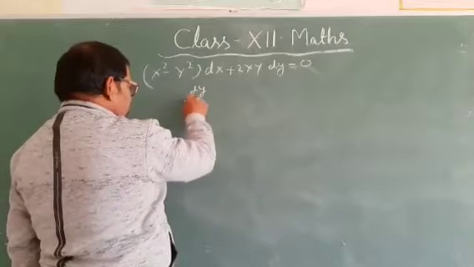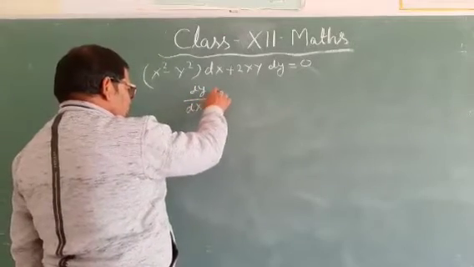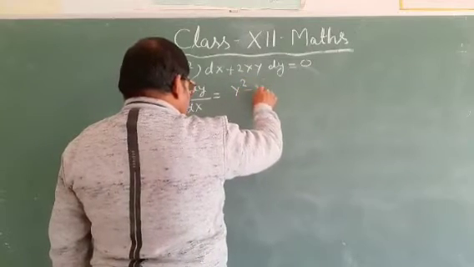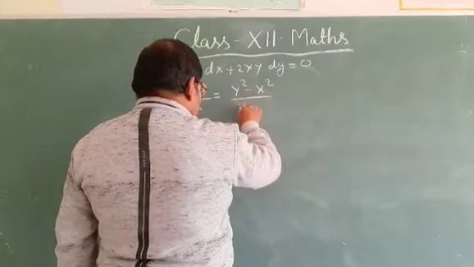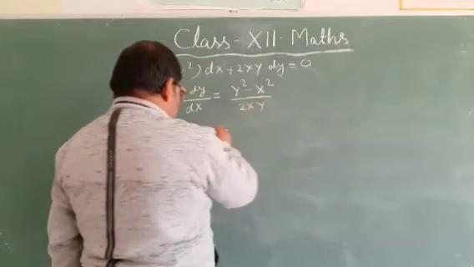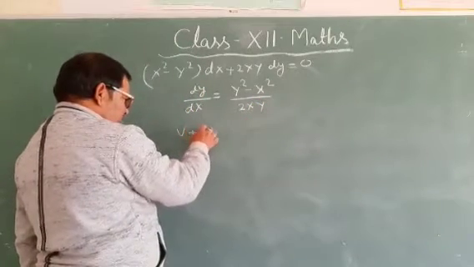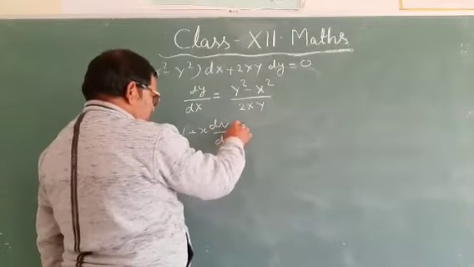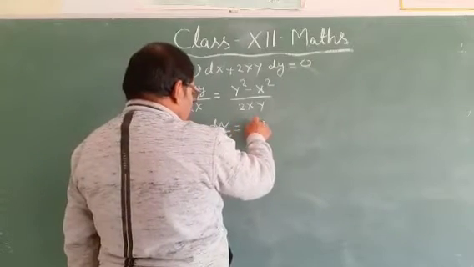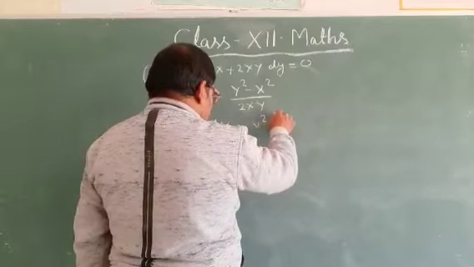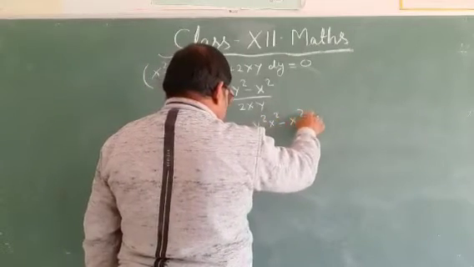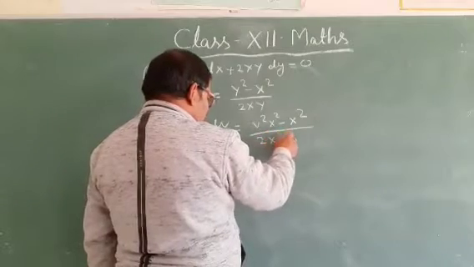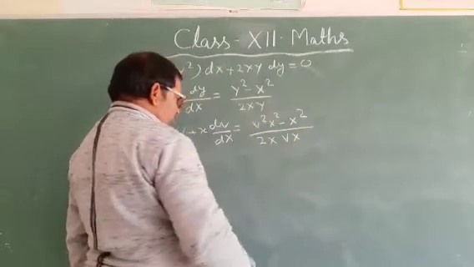dy upon dx equal to (y square minus x square) upon 2xy. So v plus x dv by dx equal to (v square x square minus x square) upon 2x vx.